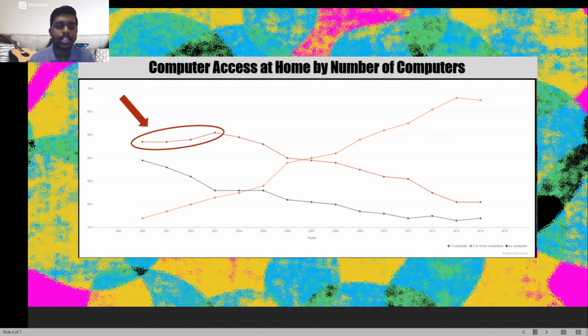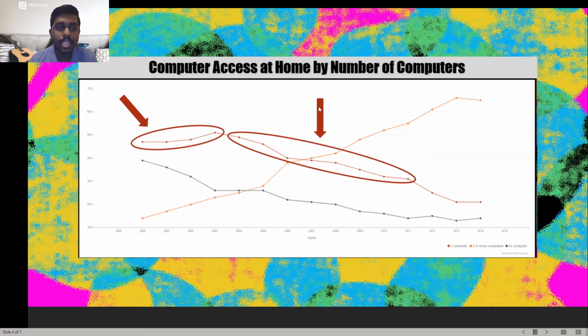increase in percentage. So the next movement, as you can see from this big oval shaped pattern over here, the computer access at home by one computer from 2004 to 2011 has been decreasing slightly, and also decreasing constantly from around 47% to 31%.